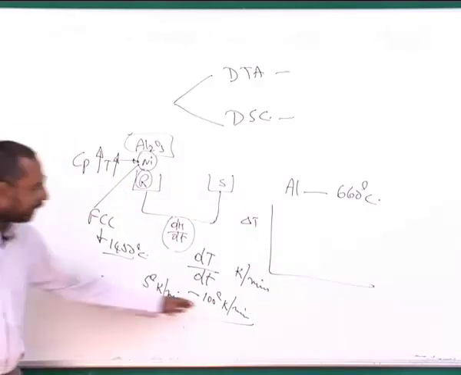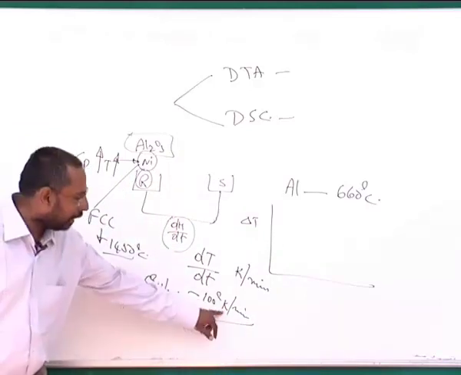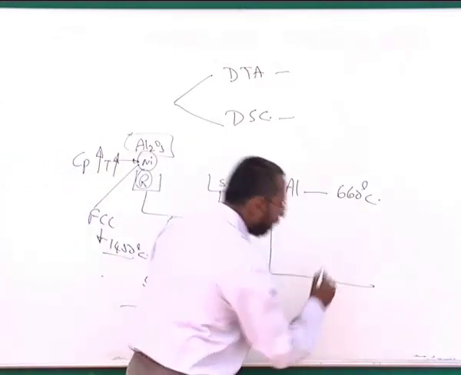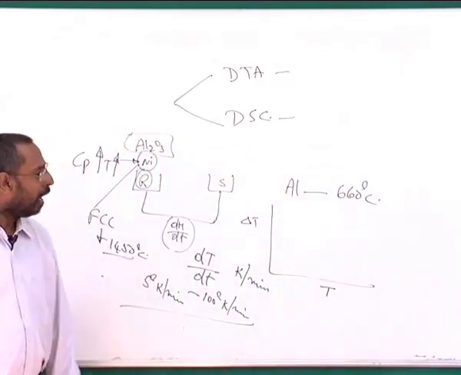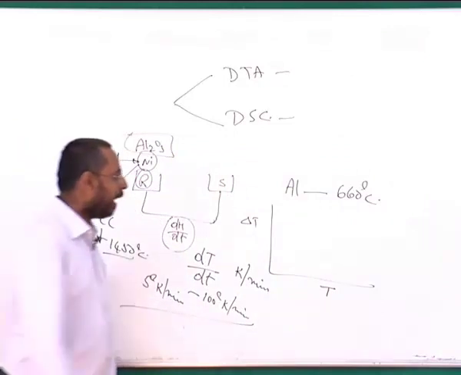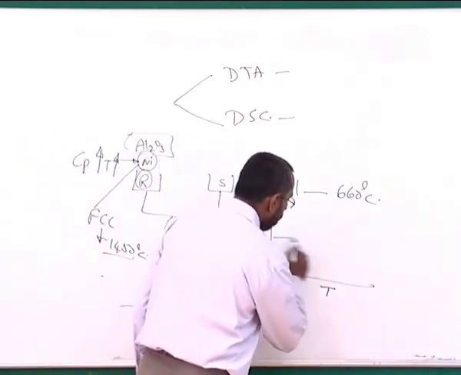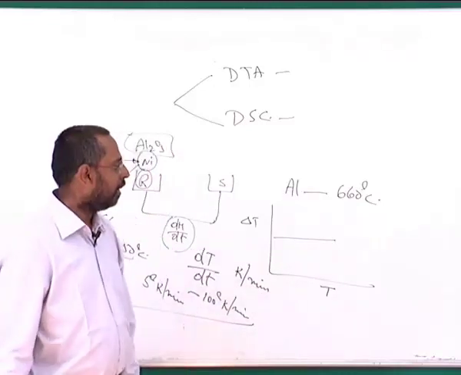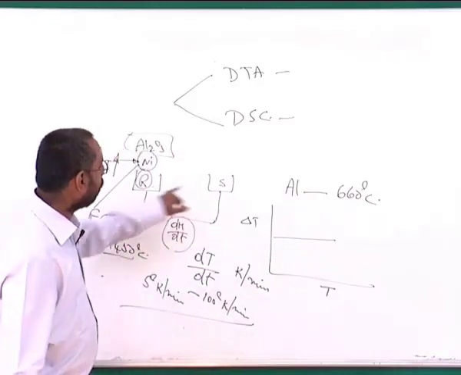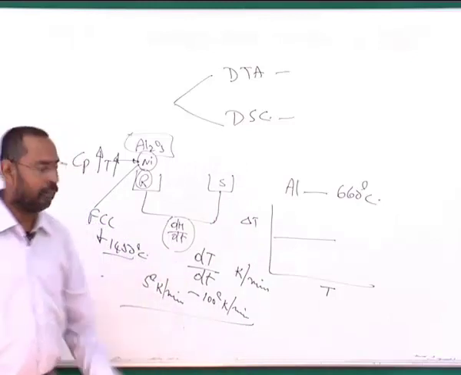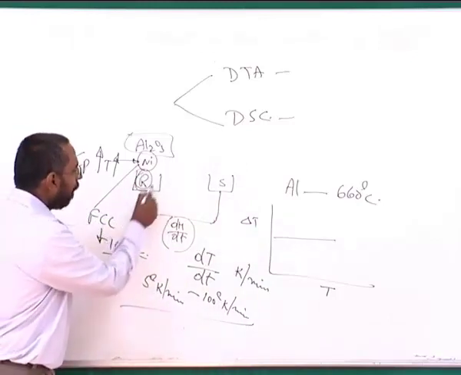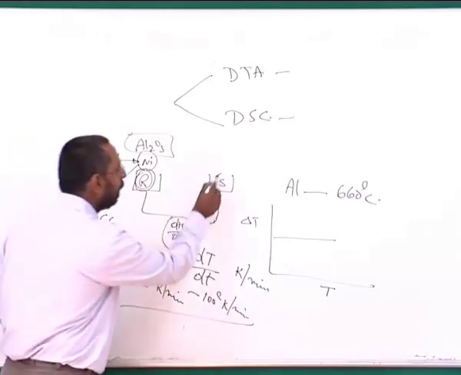So if you are heating at a particular rate, certain degrees per minute, this can be plotted against temperature. As you start heating up to about 660, you will see that the temperature difference between these two is very small. Of course, there will be a small difference because the heat capacity of this is different from the heat capacity of this.